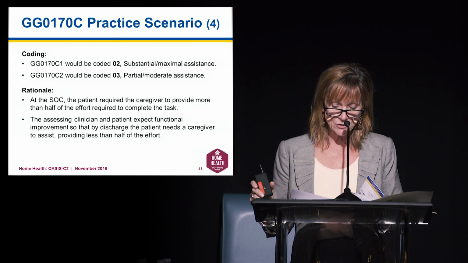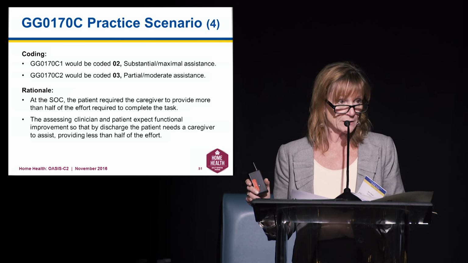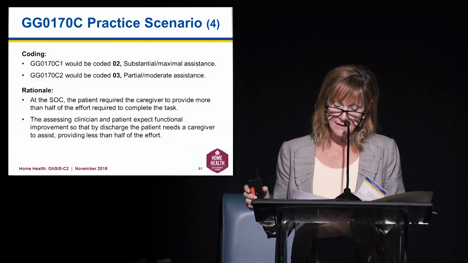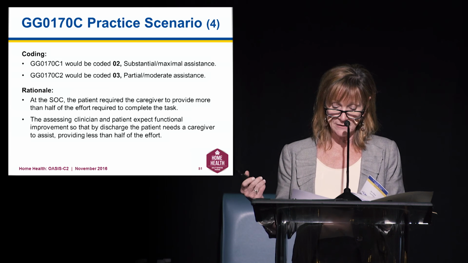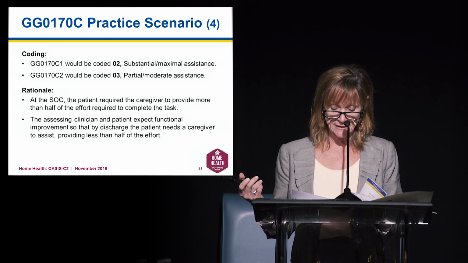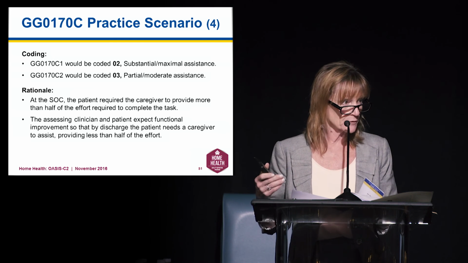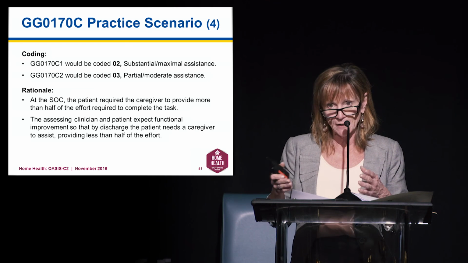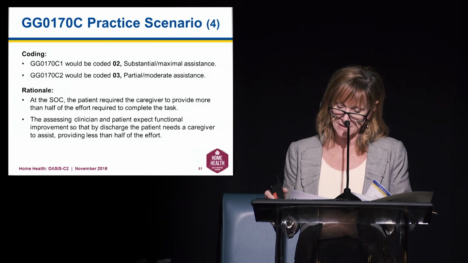And then for the discharge goal, it would be coded as a 3 because the clinician and the patient expected by discharge that he would only need the caregiver to assist, providing less than half the effort to get his legs from a lying position and to get sitting on the side of the bed.